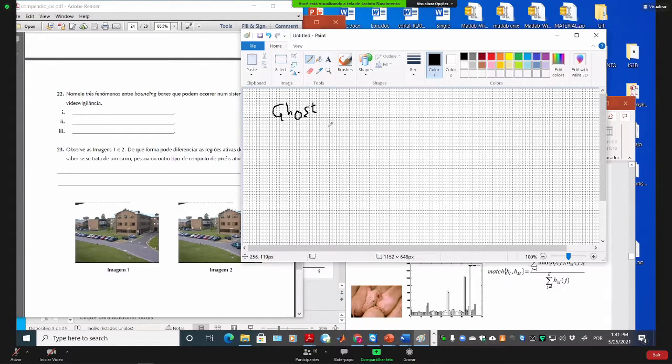...is whenever you detect a region and the object disappears. Suppose that you have an image and you have, let's say, a car that is parked. And this is the background image.